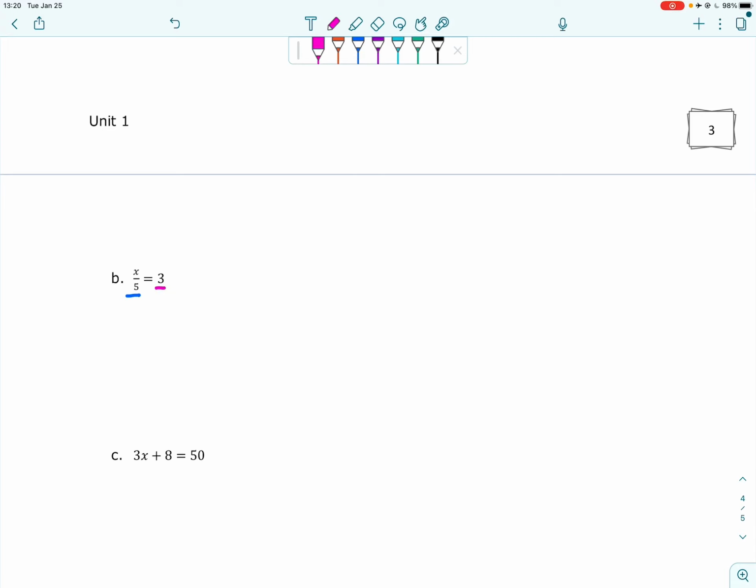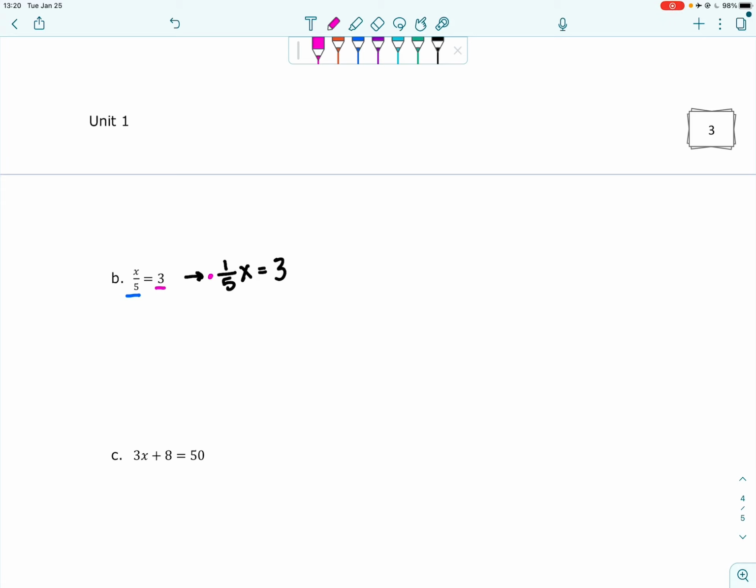So I don't have to move any constants over, but what I have here, I have x divided by 5, so that's the same as 1/5 times x equals 3. So the coefficient on the x is 1/5. So I need to get rid of that. So I'm going to do that by multiplying both sides by 5.